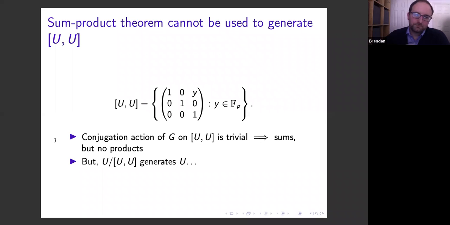What we can say, if we have a subset that generates U modulo its derived group, is there's a theorem of Burnside, called the Burnside basis theorem, that says if you have a subset that generates modulo the Frattini subgroup, which is sometimes the derived subgroup, let's just assume they're equal for now.